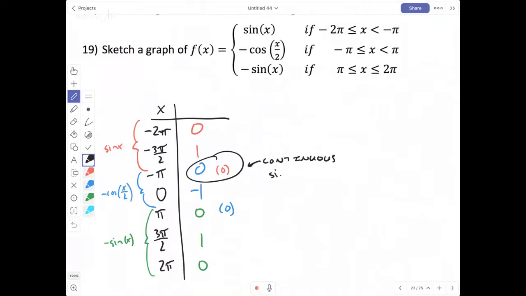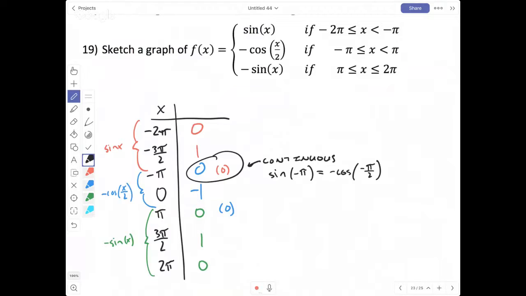Sorry, my fault. Sine of negative pi is equal to the negative cosine of negative pi over 2.